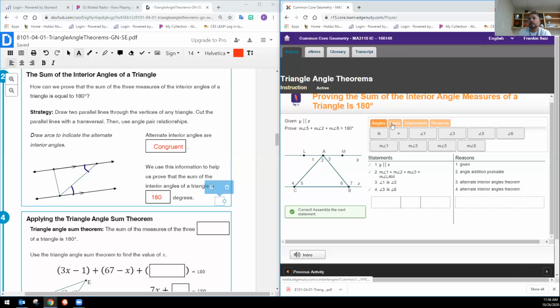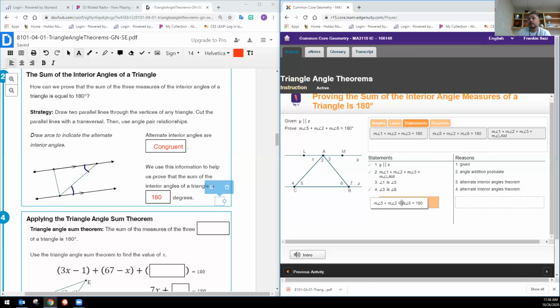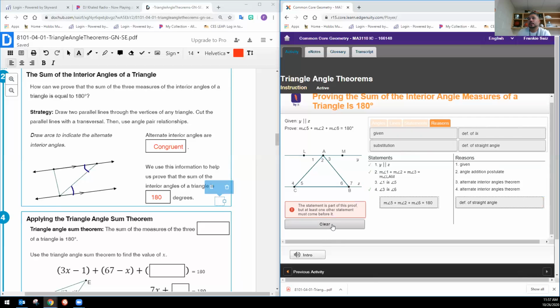So let's see the statements of these two, and the reasoning. Okay, think about what it means when angles are congruent.